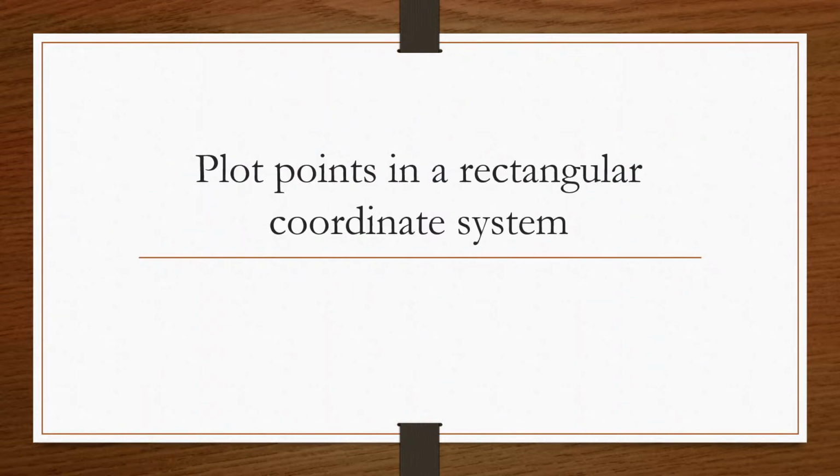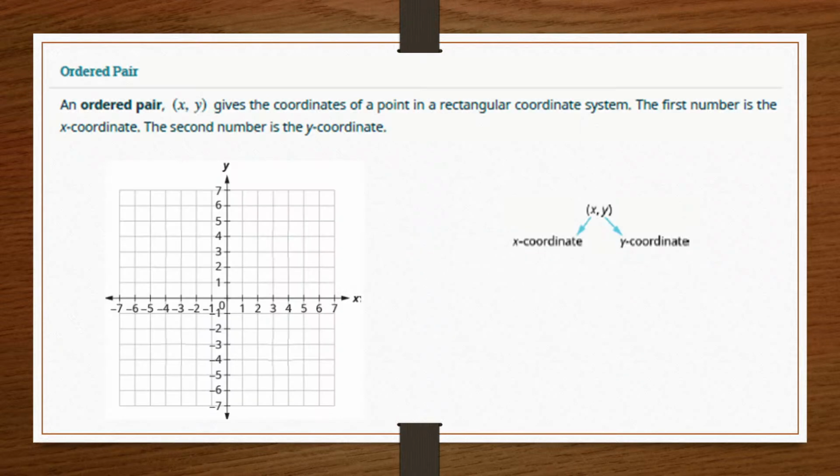Starting with plotting points in a rectangular coordinate system, we see here an example of what the coordinate plane might look like. And we discuss particular points inside the plane in terms of these ordered pairs. So these xy coordinates give us a location within the plane, and they're always in reference to a starting position known as the origin.